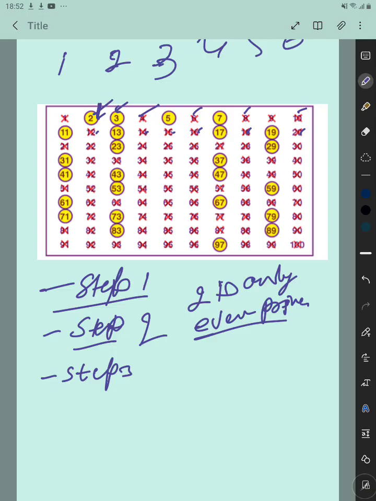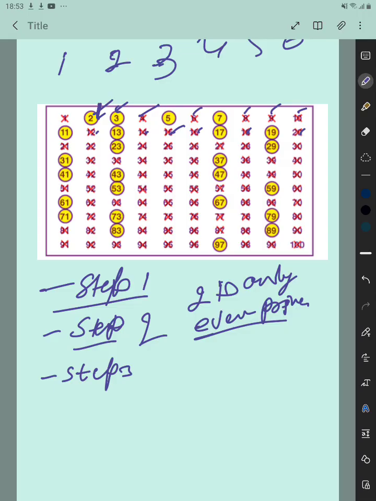And after 3, we'll get 9. 9 was not crossed earlier because it is not an even number. Then 15. We'll keep on dividing by 3 till 100, and whatever number is divisible by 3 exactly will be crossed out.